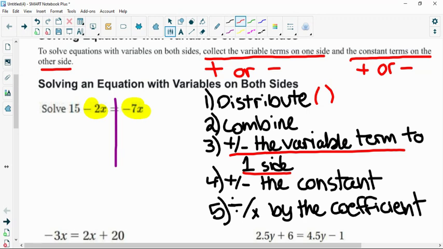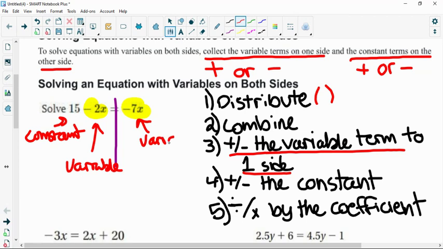Because of that, I want you to notice that on the left, we have a constant and a variable term, where over here I only have a variable term on the right.